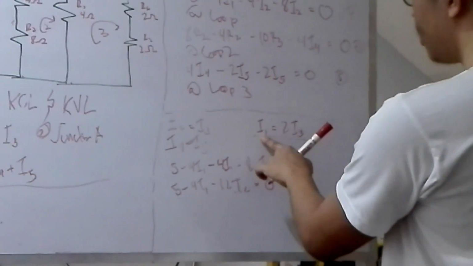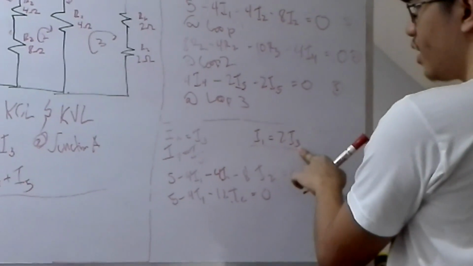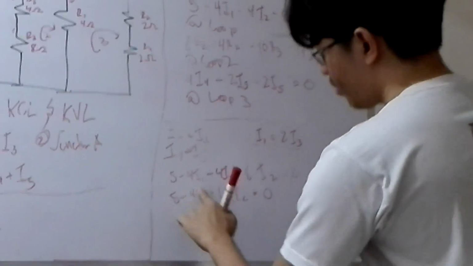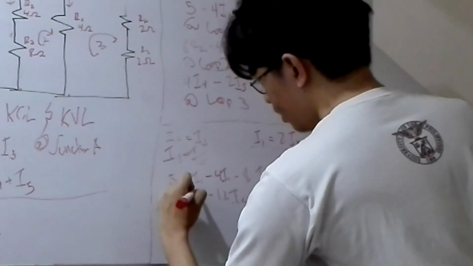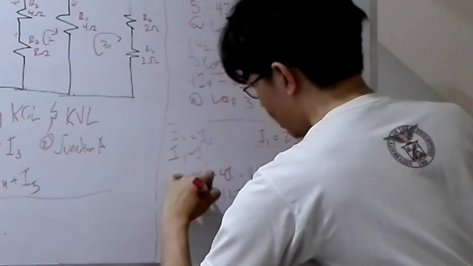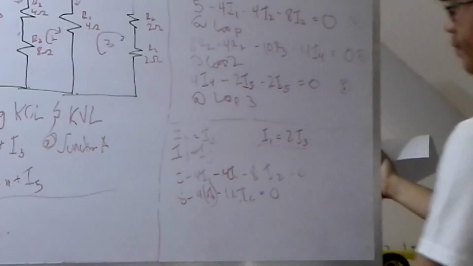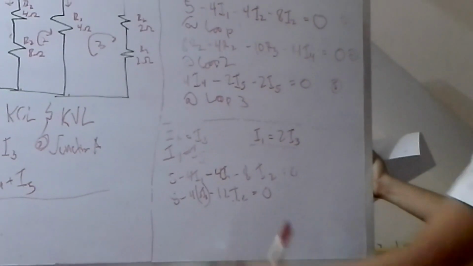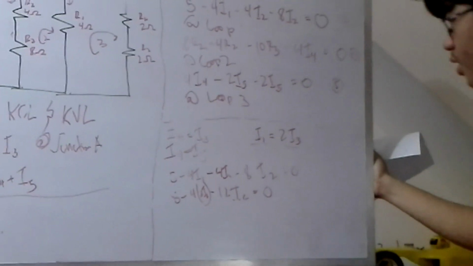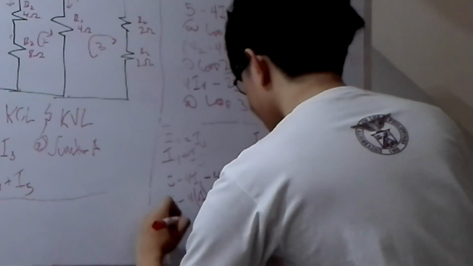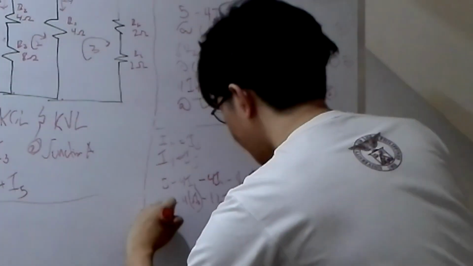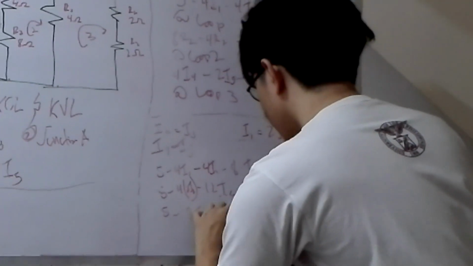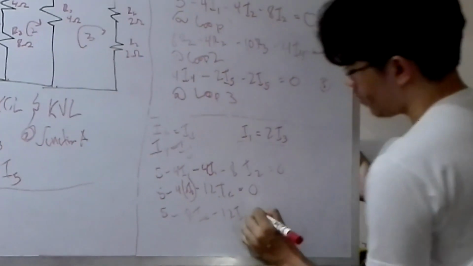Since I1 is equal to 2I3 or 2I2, we could substitute I1 here for 2I2. If you substitute I1 there for 2I2, you would get 5 minus 8I2 minus 12I2 is equal to 0.